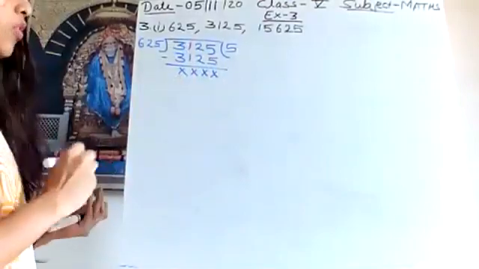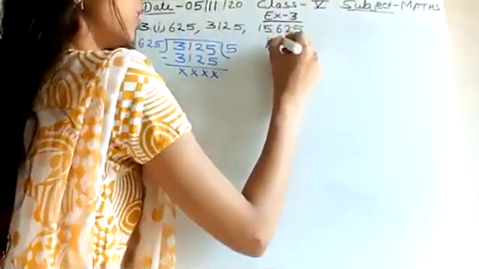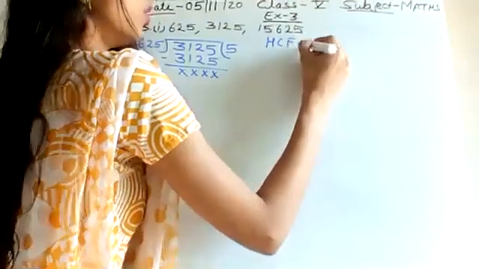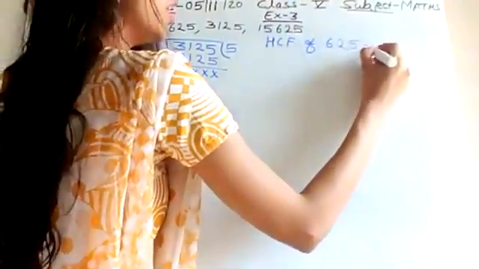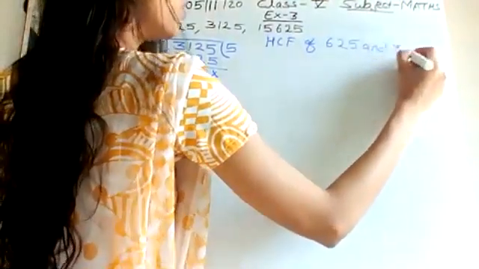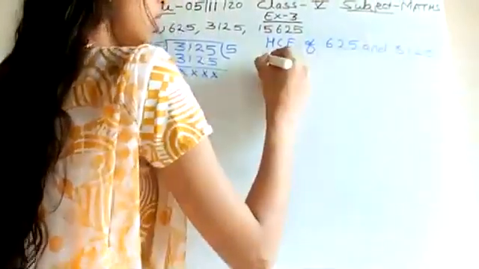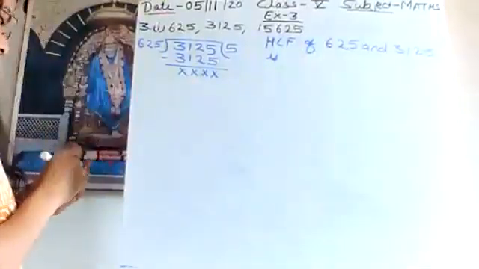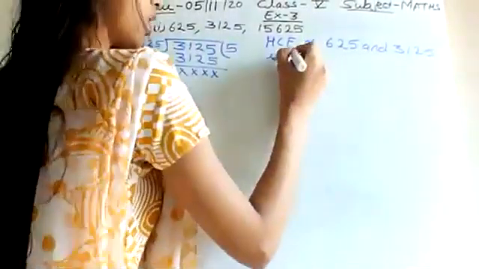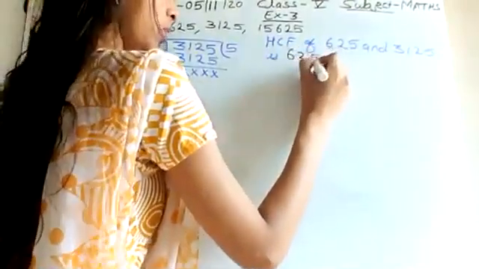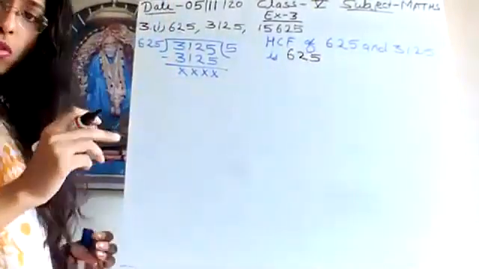So HCF of 625 and 3125 is, what is HCF? The last divisor. जो divisor है वही HCF होता है, तो यहाँ पे divisor क्या है? 625.